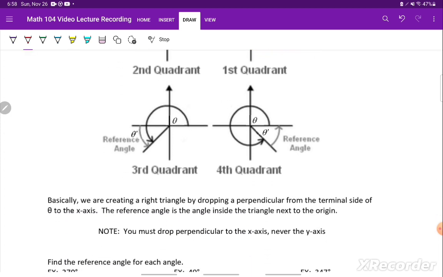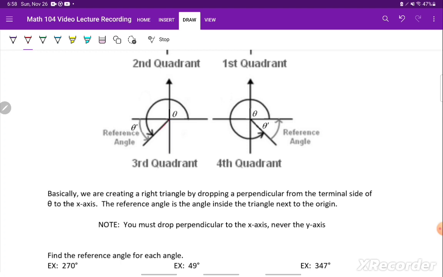In quadrant 3, we have our angle theta. We're going to drop a perpendicular to the x-axis, creating a right triangle. And the reference angle is going to be the angle inside the triangle adjacent to the origin.